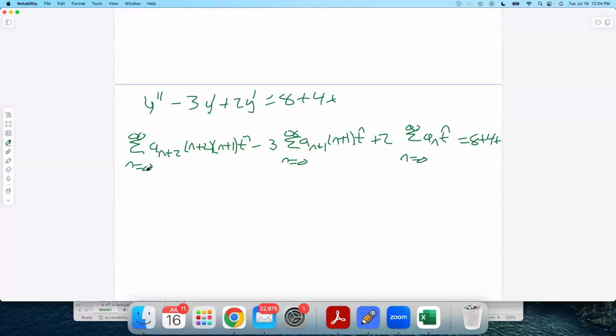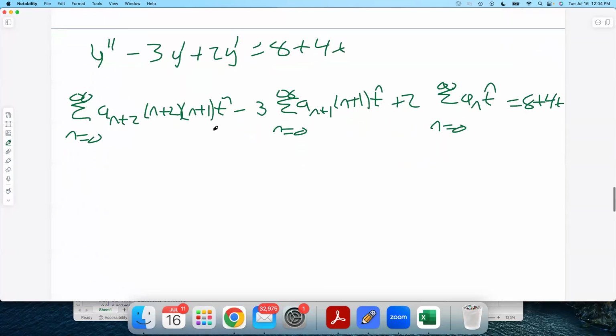We have the same starting point on all three of these, and they're all t to the n. We can squish that together into one single sum.